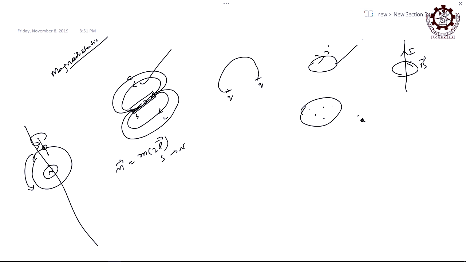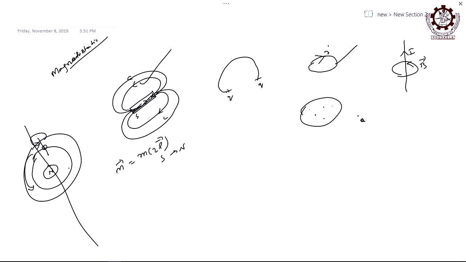So, when the electron is revolving around the nucleus in the orbit, each orbit is treated to be a magnet. Let us say there are 2 or 3 orbits and 2 or 3 electrons, whatever it may be. Similarly, when the electron is revolving around its own axis, there is also current, it is rotating. So, does that spin motion also cause a magnetic effect?